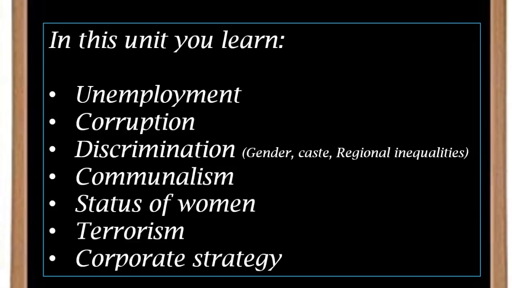The problems that we are going to discuss in this chapter are the problems that our country had to face soon after independence in 1947. They are burning problems, they are national emergencies, and keeping these problems alive, our nation cannot achieve progress and development.